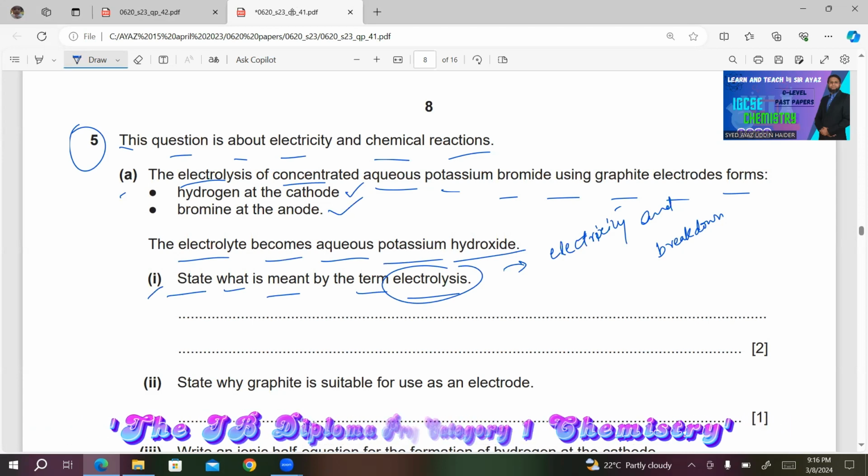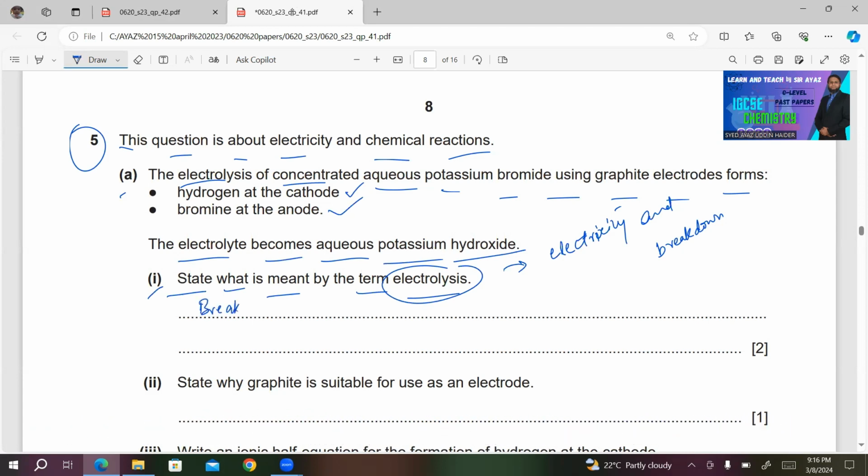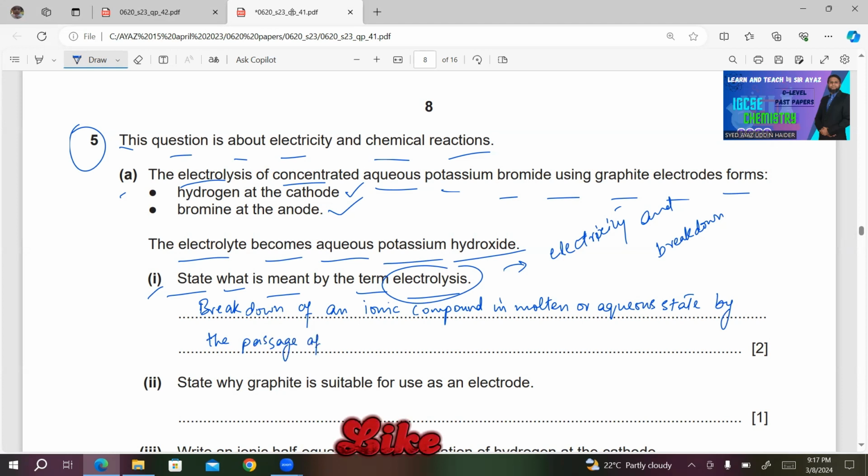So you write: breakdown of an ionic compound in molten or aqueous state by the passage of electricity.